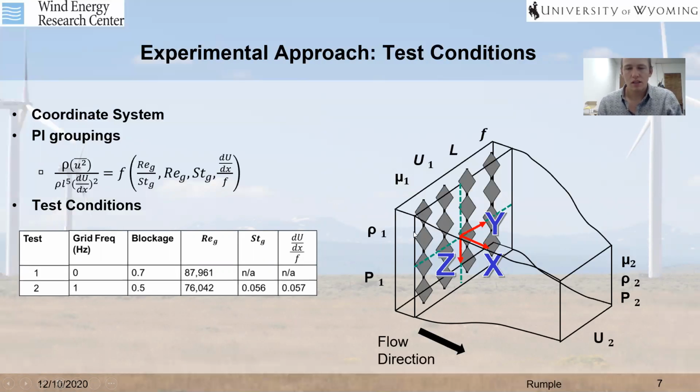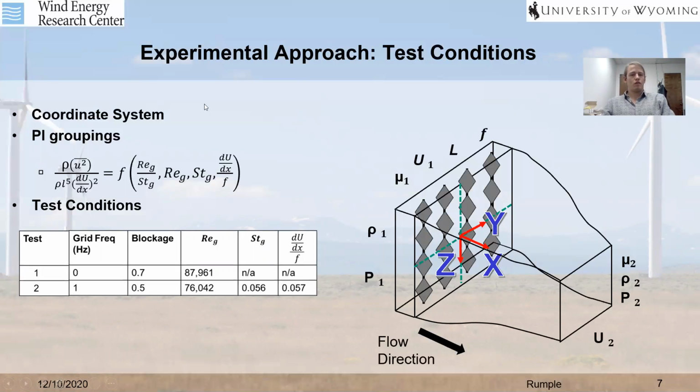And the reasoning for that is halfway through, as you approach closer and closer to the grid, turbulence intensity becomes so high that the belief in hot wire measurements is of question.